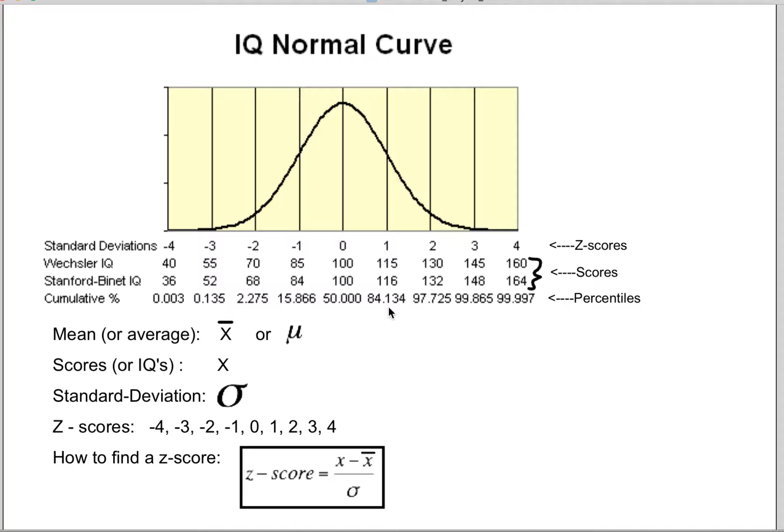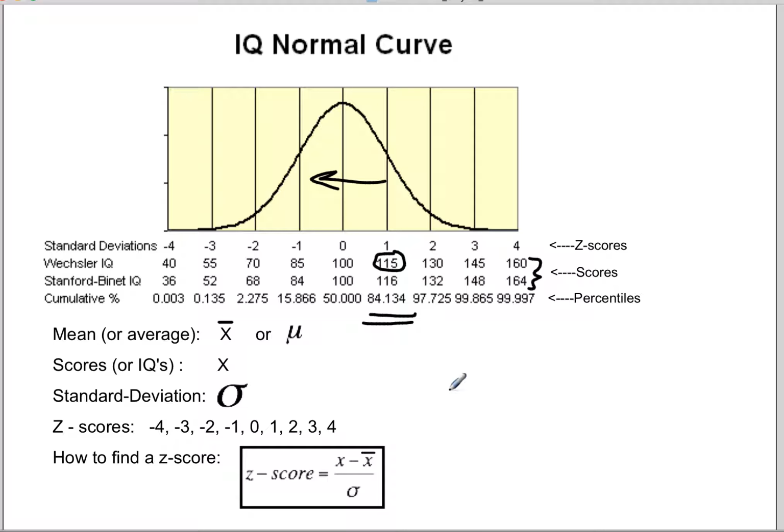This gives you the cumulative percent of how many people get below that. So for instance, if I zero in on 115 here, it tells me that to the left of 115, 84% of the data is going to be below that. So if I have an IQ of 115, 84% of the people supposedly have an IQ less than that.